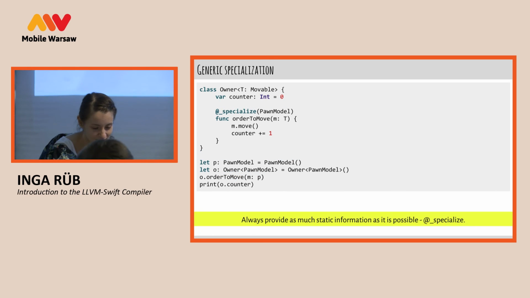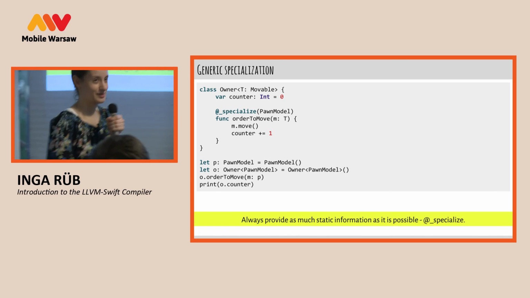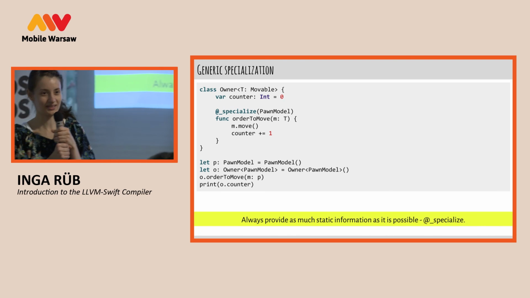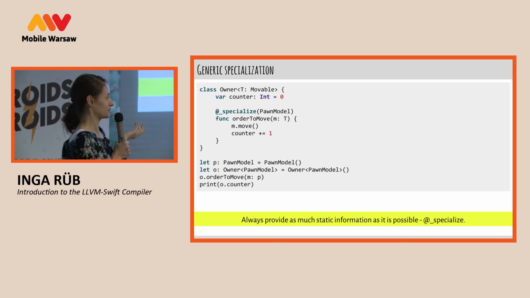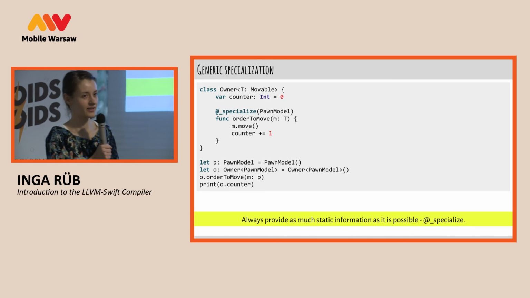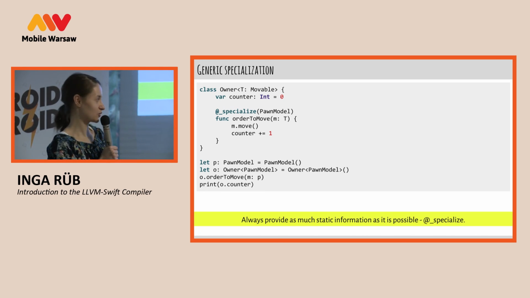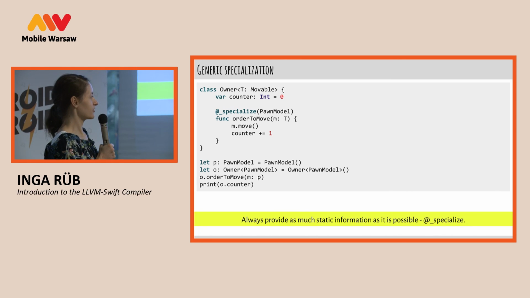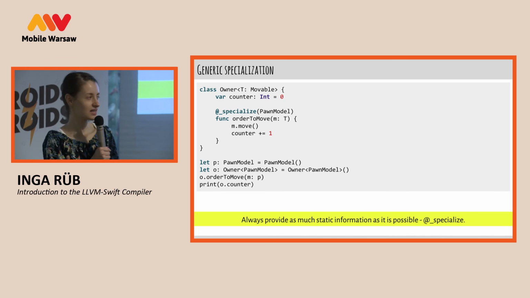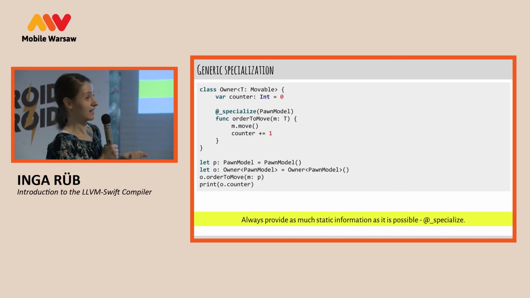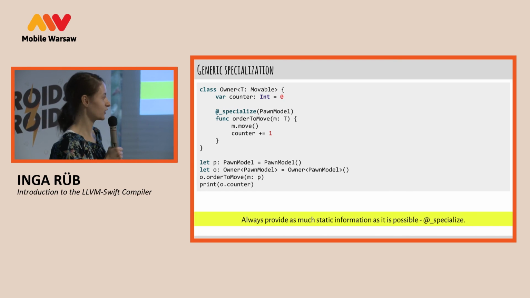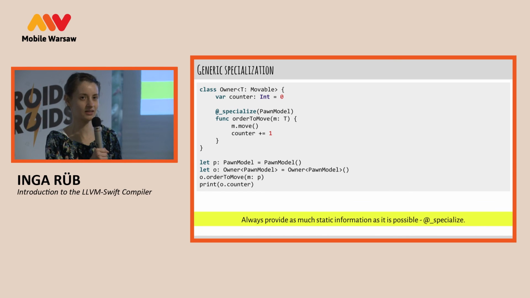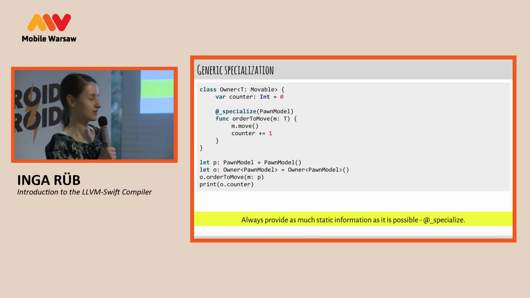And generic specialization is the same. The conclusion is that you should provide the compiler with as much information as you can. And if the compiler cannot create a specialized version of your method, then you should tell the compiler in a straightforward way, specialize this method. You can use the keyword specialize, which I think is also not very well known.